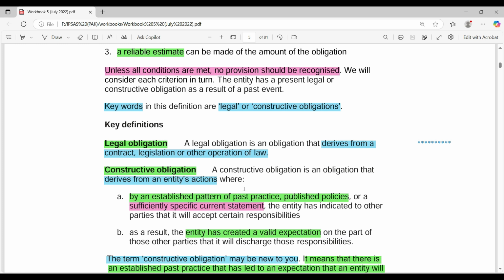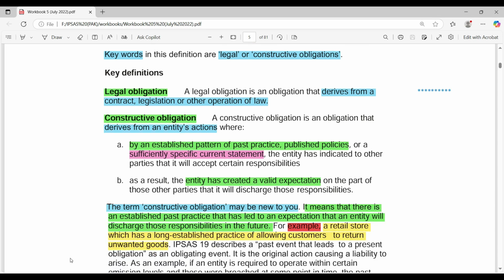The past practices of an entity are basically a constructive obligation of that entity. Similarly, published policies, and as a result, the entity has created valid expectations on the part of those other parties that it will discharge those responsibilities.